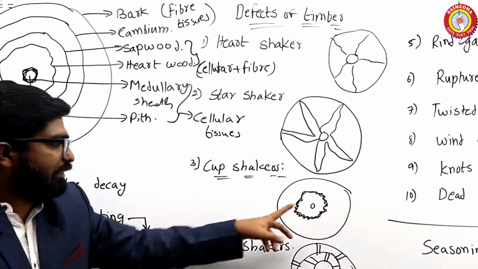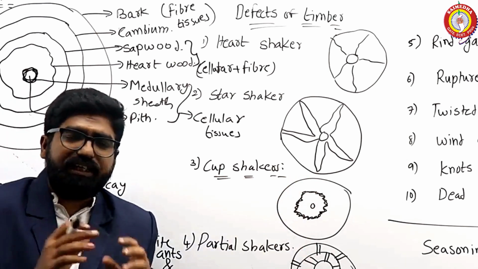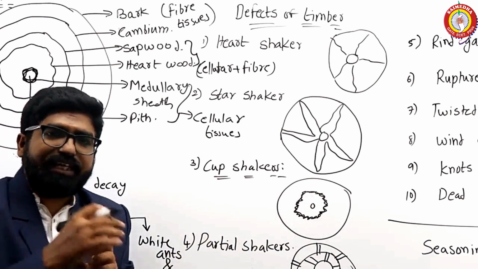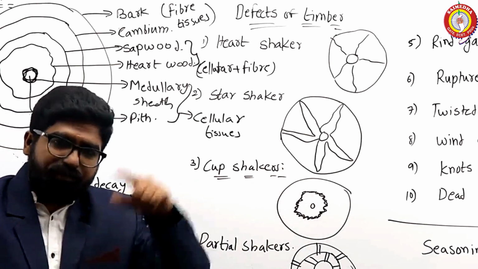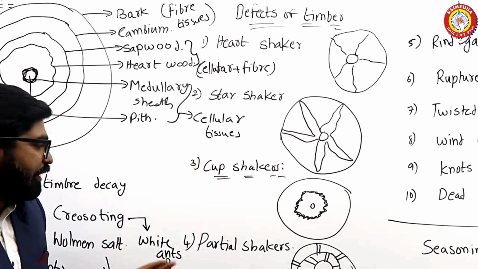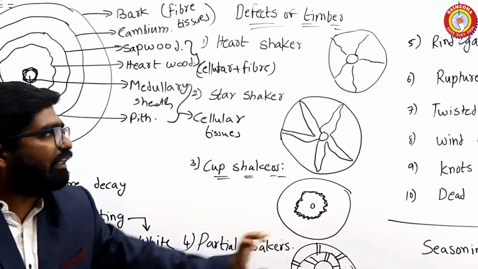And cup shake: cup shakes separate along the annual rings. There will be some weakest bond at the annual rings, and along the annual rings that defect is known as cup shake. And partial shakes have some irregular shapes.